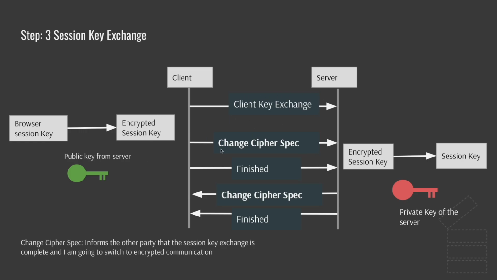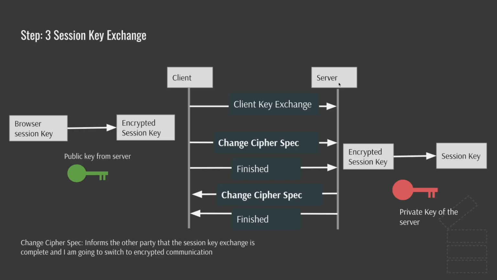After sending that, the client also sends a change cipher spec message. It's a message that tells the server, I have transmitted my session key, now I can start doing the communication in an encrypted manner. And after this message, the client sends a finished message indicating that the handshake process from my side is complete.